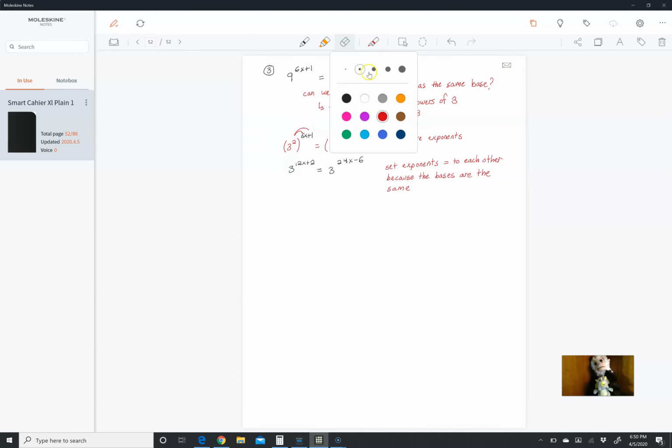So now we have a nice, neat linear equation. 12x plus 2 is equal to 24x minus 6. We can solve this equation.